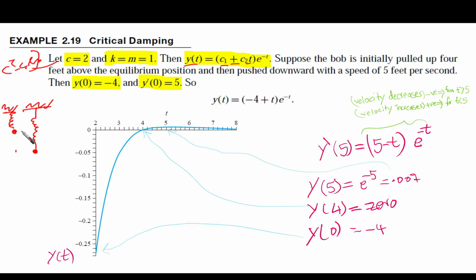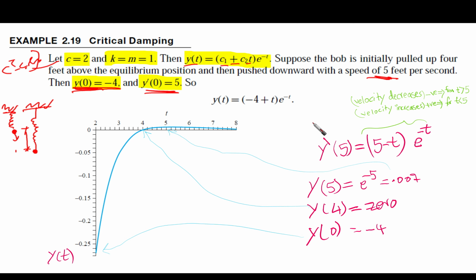Then we give it a push downward with a speed of 5 feet per second. This means that our initial conditions are y of 0 equal to minus 4 and y prime of 0 equal to 5.